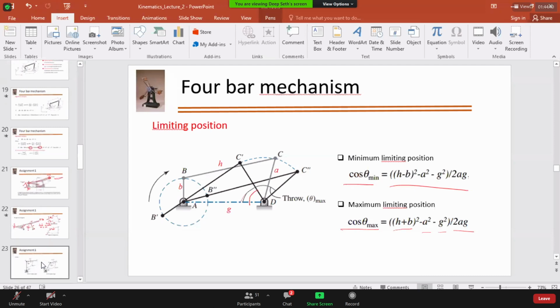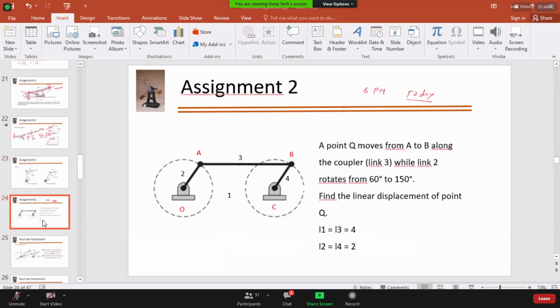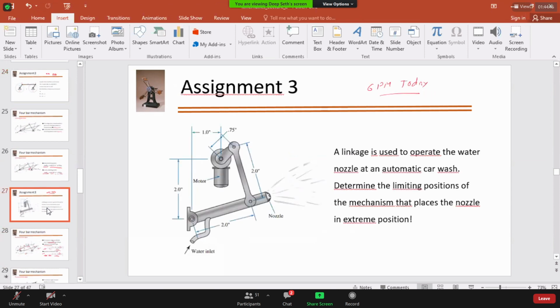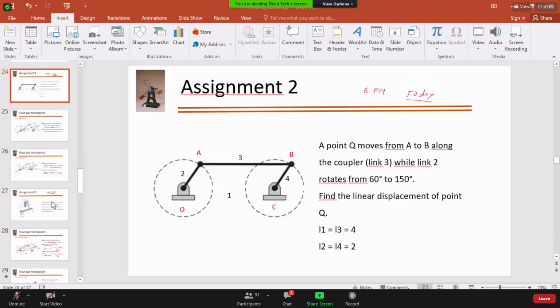And the assignments that I have given them, assignment number 2 and assignment number 3, these 2 slides I will upload on the page of the class. You can upload this in PDF in class. Okay. I have given the deadline of 6 p.m. today for both assignments.